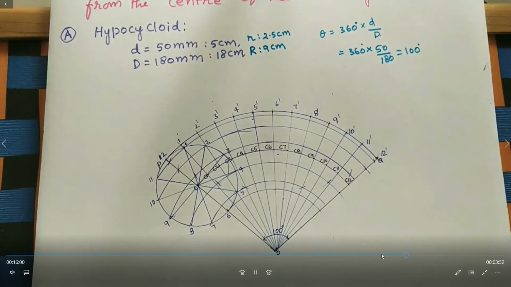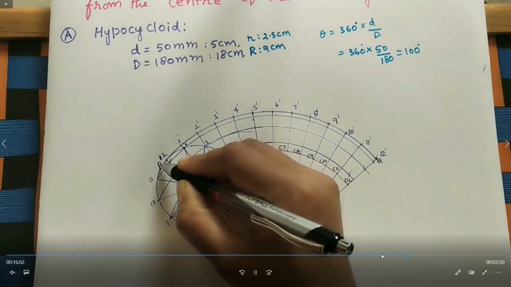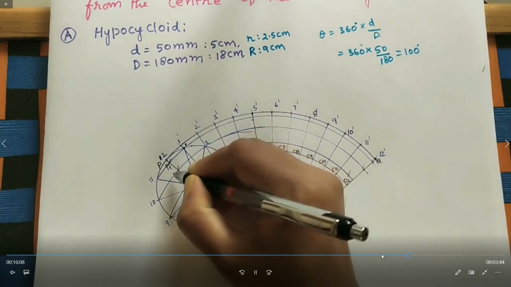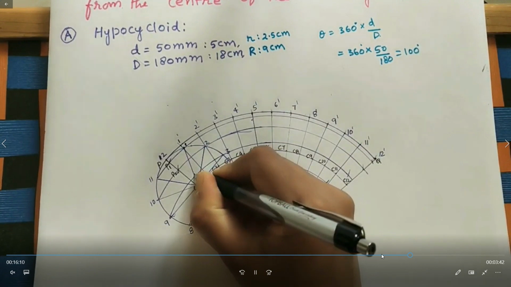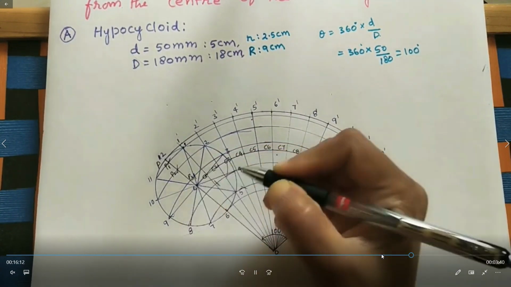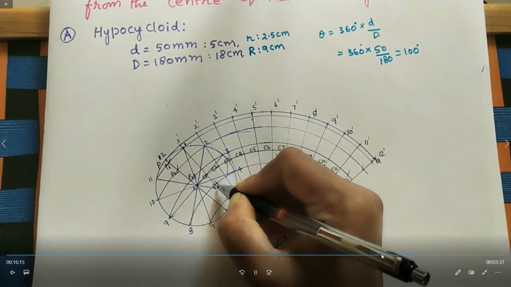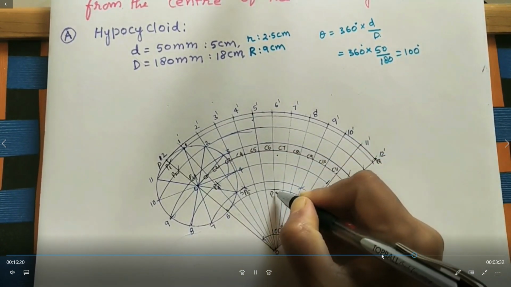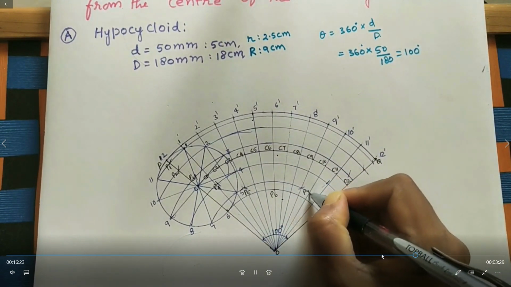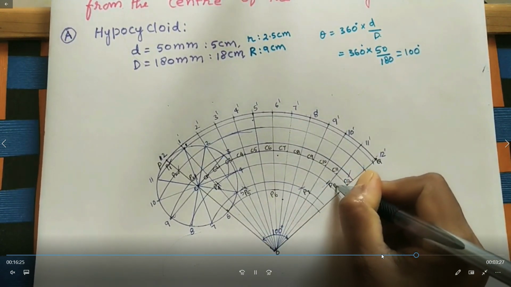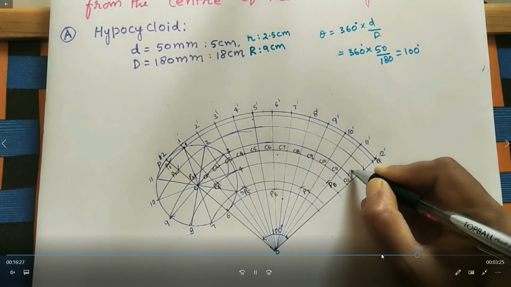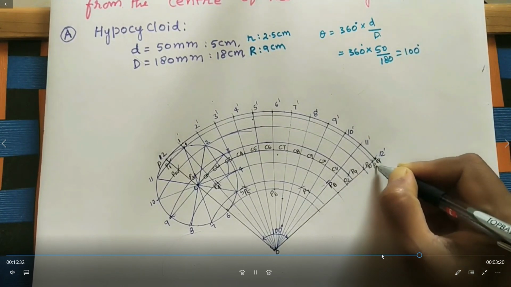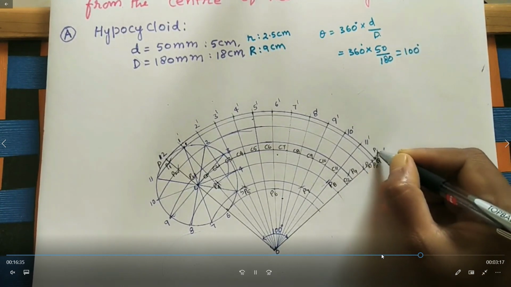In this way, now you identified the arcs where it cut the lines, that we identified the points P1, P2, P3, P4, P5, P6, P7, P8, P9, P10, P11, P12. These are the points.